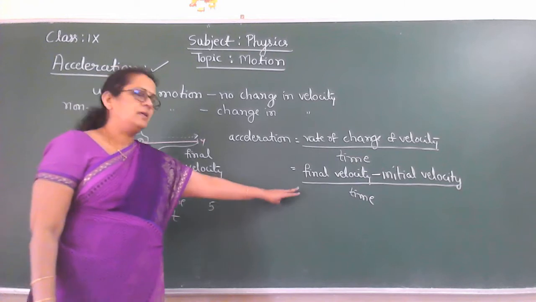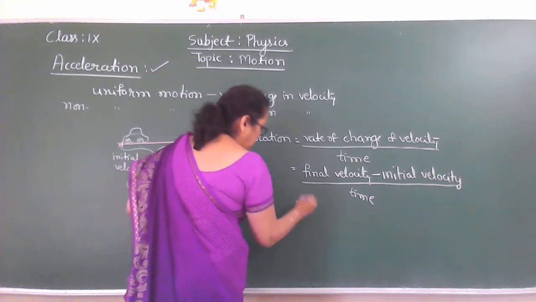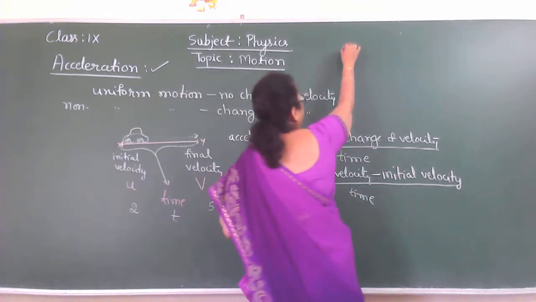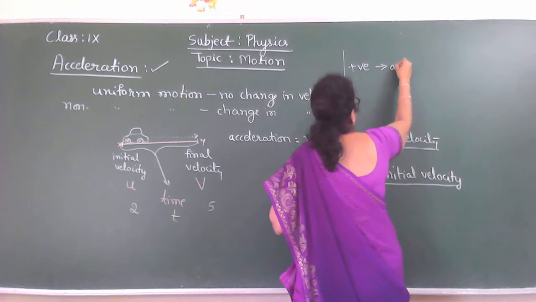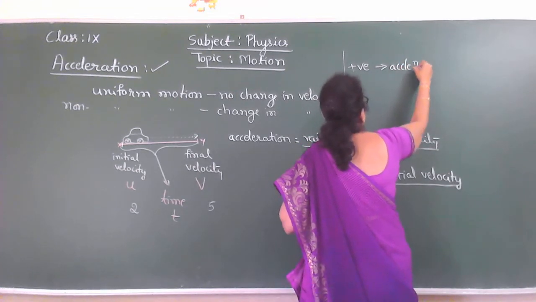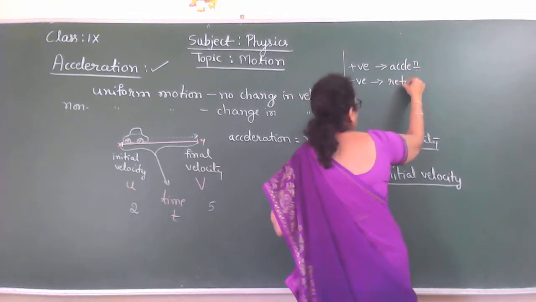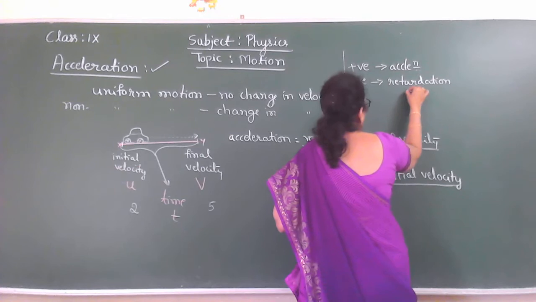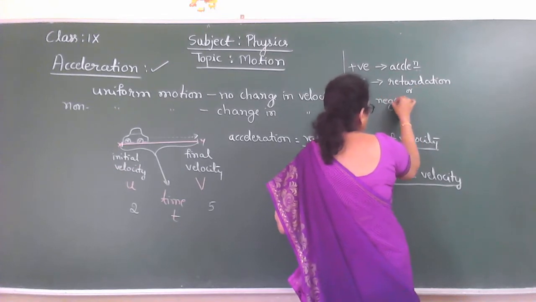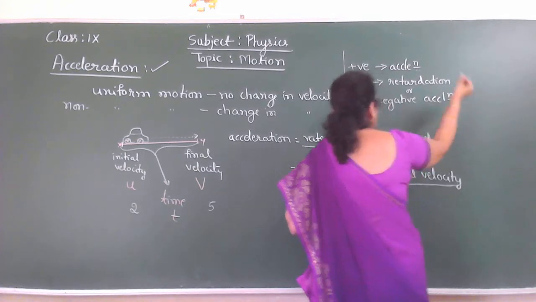Now suppose you do v minus u, then you will get 5 minus 2, that is 3. It is acceleration. So when you get positive values, then it is acceleration. If you get negative, then we call it retardation, or another term, negative acceleration.